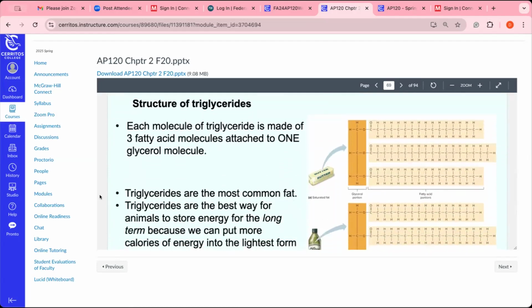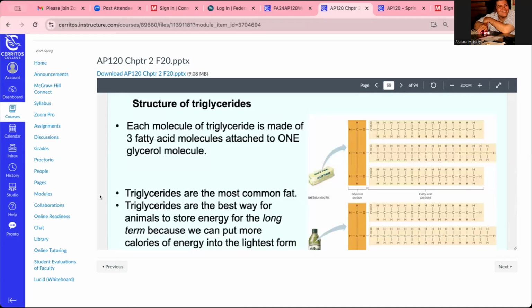Structure of triglycerides. Each molecule of triglyceride is made up of 3 fatty acid molecules attached to 1 glycerol molecule.